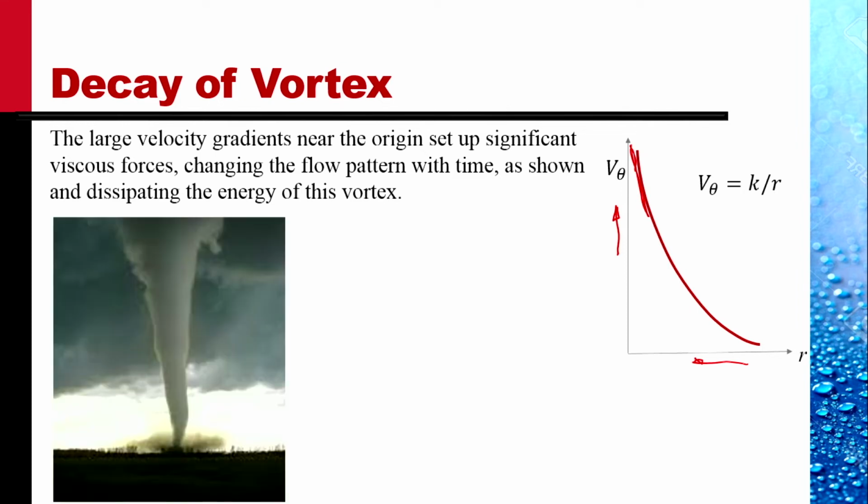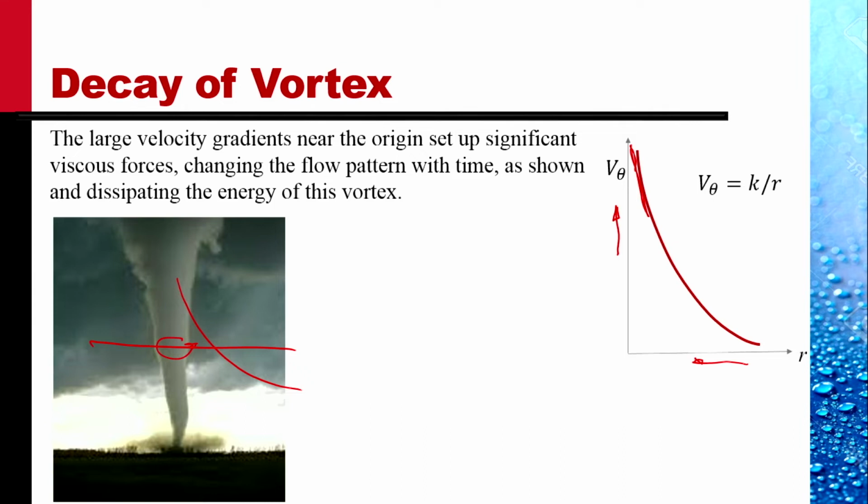We show a similar flow. Here, a flow in a tornado is a swirling flow that goes around like this. The velocity is large at the center and small far away at any given cross section.